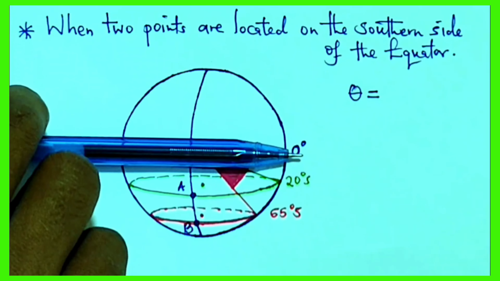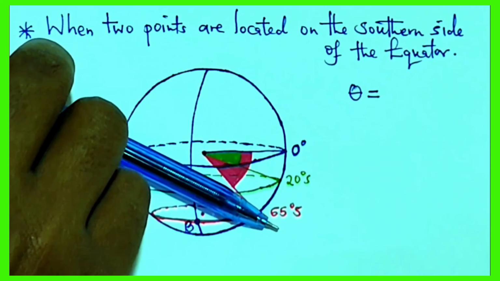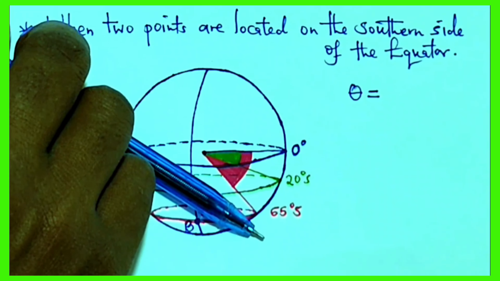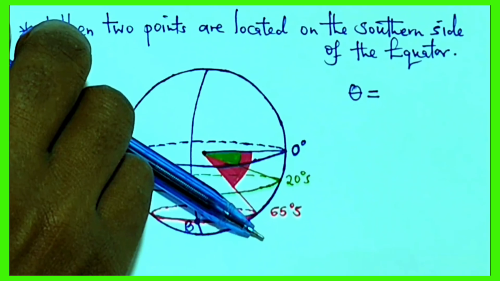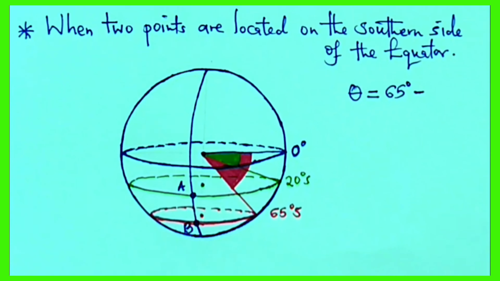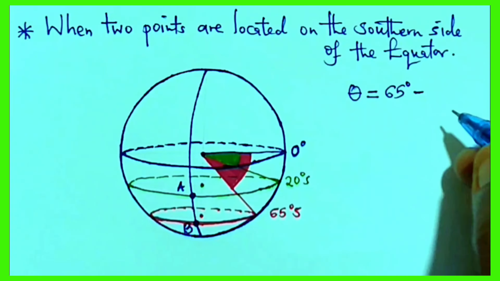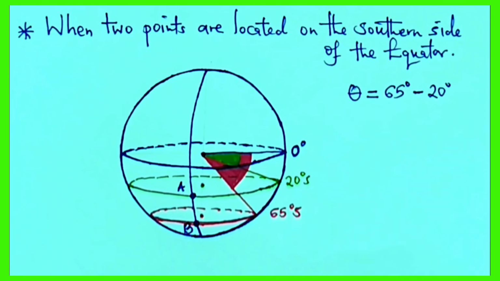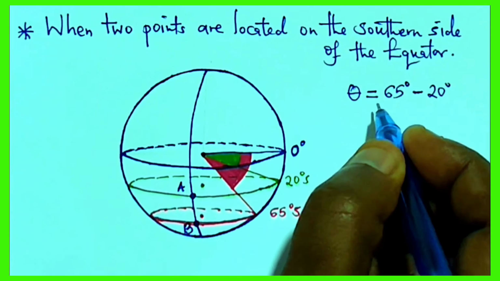So there is the angle beta as far as the latitude of point B is concerned, which is 65 degrees, to subtract the angle beta as far as the point A is concerned, which is 20 degrees, and therefore the solution will be equal to 45 degrees, and this will represent the latitude difference between these 2 points.